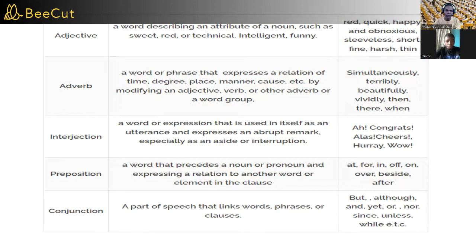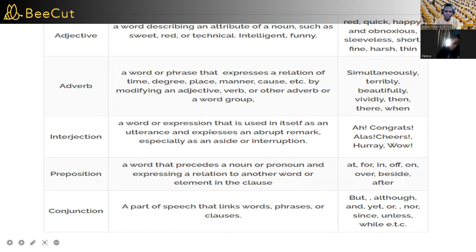Take note of that. An adjective only modifies a noun, and that's its job. But an adverb modifies an adjective, a verb, and another adverb also. Examples include simultaneously, terribly, beautifully, vividly, then, there, when. These are examples of adverbs.